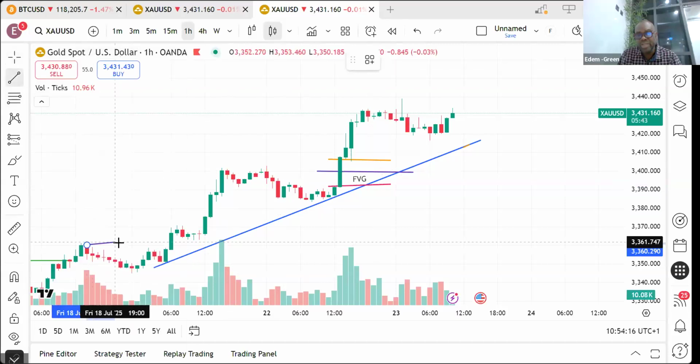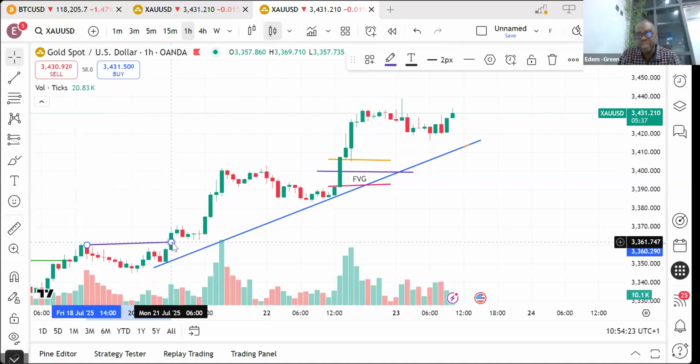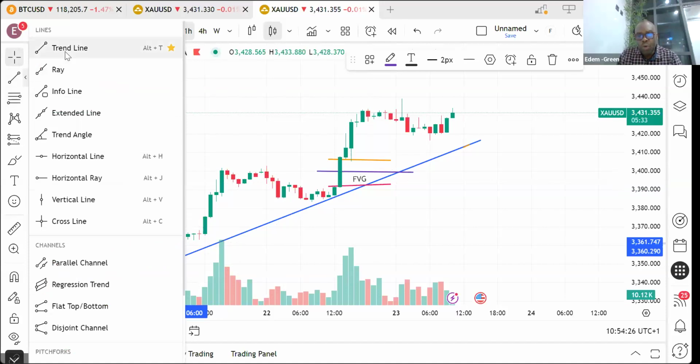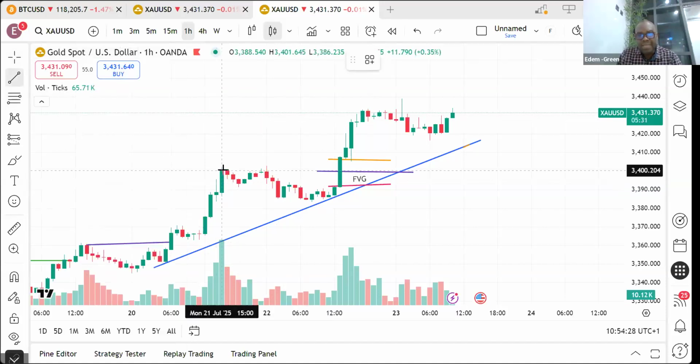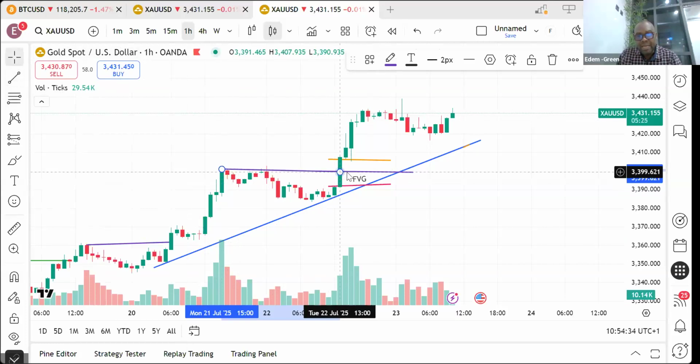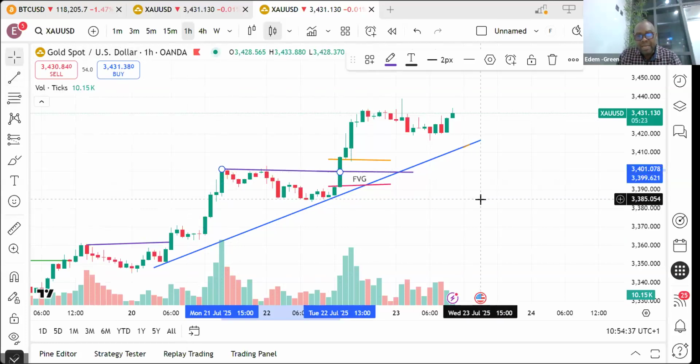Let me try to mark out the possible break in structure. So there was a break in structure around here. There was another break in structure somewhere here.